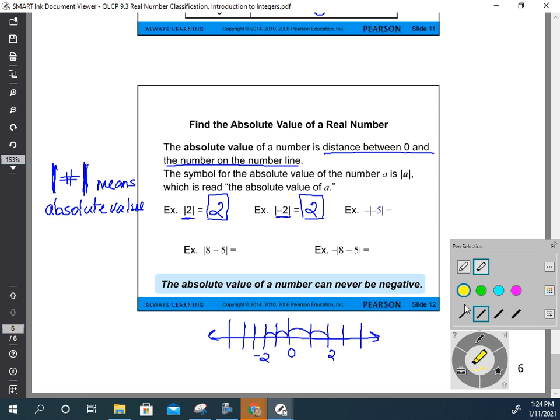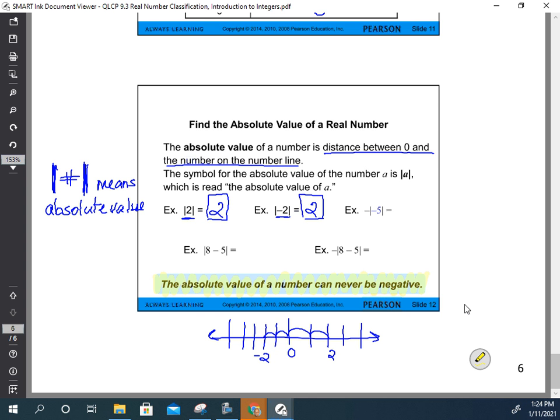So this note down here is very, very important. The absolute value of a number can never be negative. However, depending on the problem, you could get a negative answer.